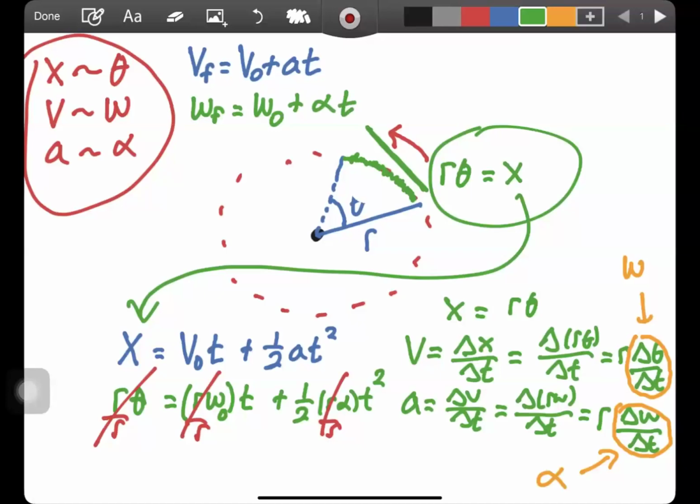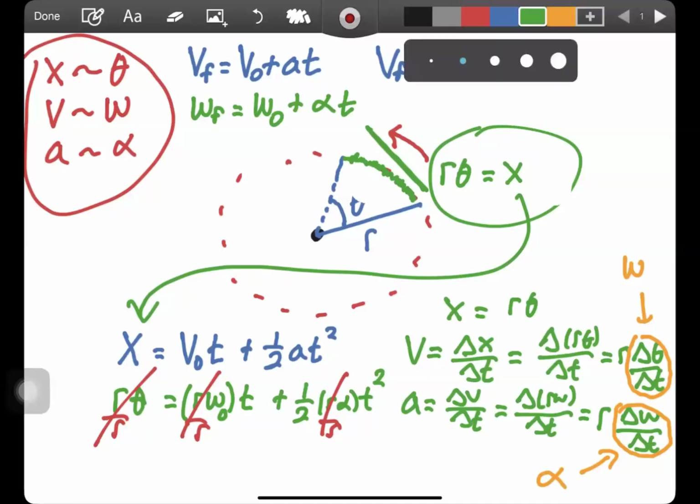So let me do one more. We also have, for constant acceleration, the relationship that you have V final squared equals V initial squared plus 2AX. So here's one where we have all three of the variables that we need to make the transformation.